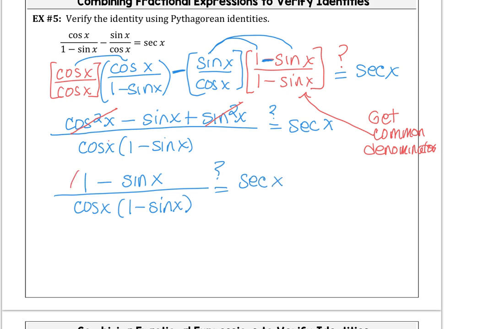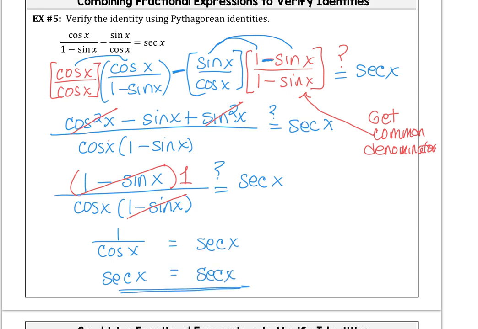If you think about the numerator, this divided by itself just leaves a 1 in the numerator. 1 over cosine is definitely secant, so we've proven our identity. The left side is simplified down to secant. So we used the Pythagorean identity in this step, where cosine squared plus sine squared is equal to 1, and that was our directions. Prove this by using the Pythagorean identity.